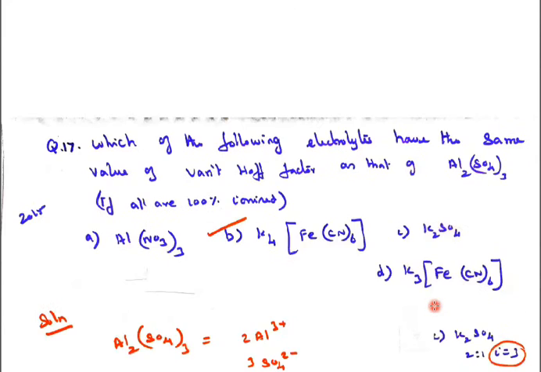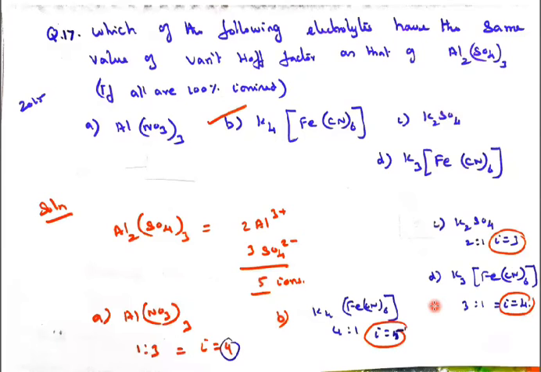Two complexes are given. They ask you to find the number of ions, since the van't Hoff factor is i. For Al2(SO4)3, there are 2 Al3+ and 3 SO4 2-, totally 5 ions.